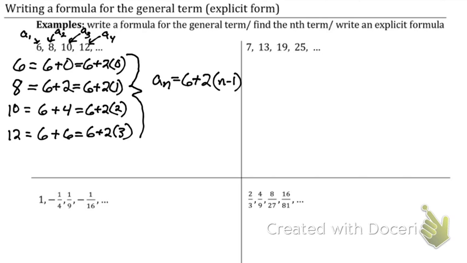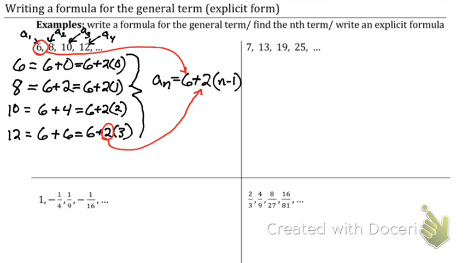That is, in fact, my formula. But more importantly, my first term is 6. That's right there. Do you see this 2 we're multiplying by over and over and over? That is right there.